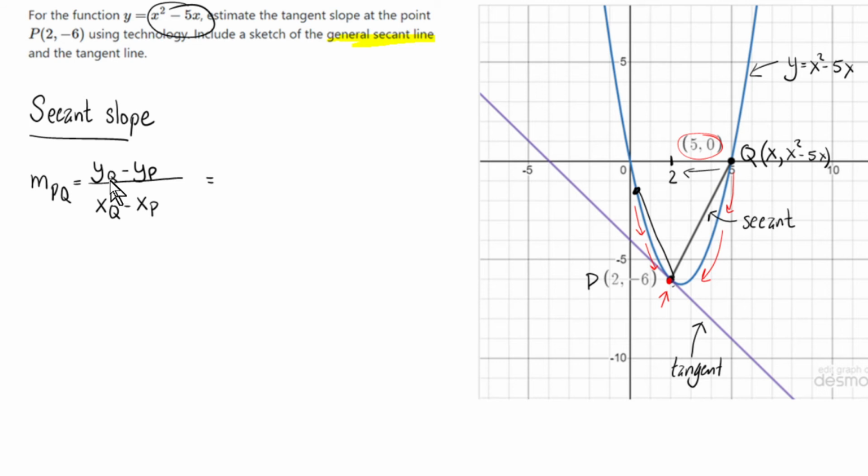The y-coordinate of Q, that was x squared minus 5x. The y-coordinate of P, the y-coordinate of the point of tangency, is -6. We have the x-coordinate of point Q, that was x, and the x-coordinate of point P, that was 2. We now drop the brackets in the numerator and simplify.